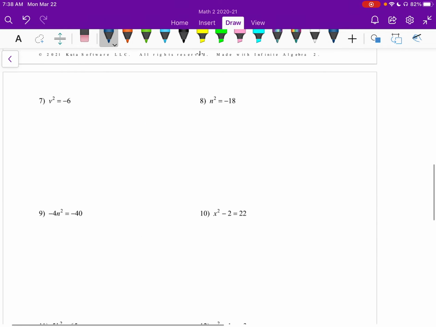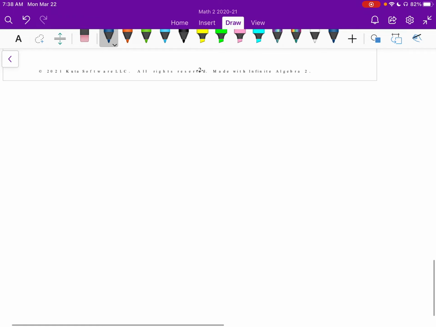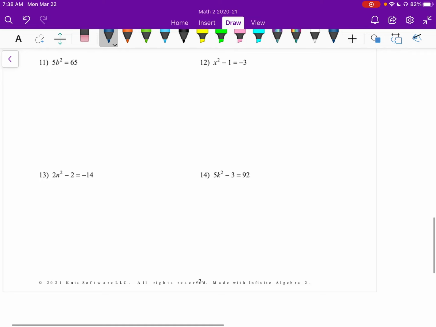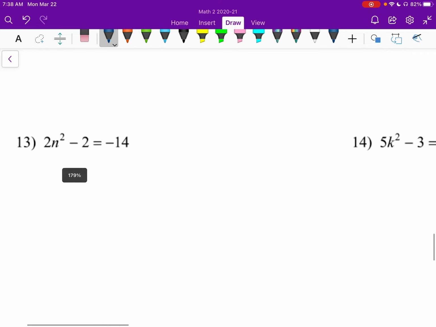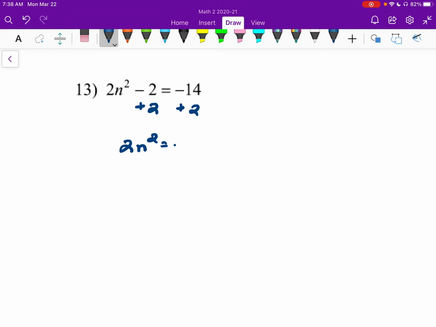All right. Let's look down farther a little bit. Oh, these aren't that bad. Let's look at number 13. Solving this one's a little bit more complex. I'm going to start off by adding 2 to both sides. So this will be 2n squared is -12.